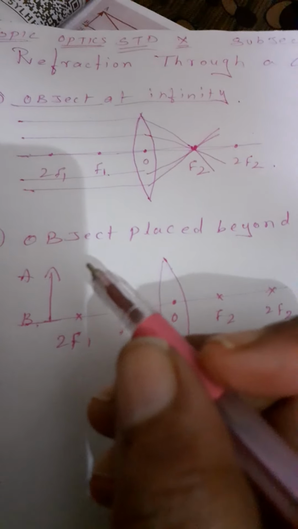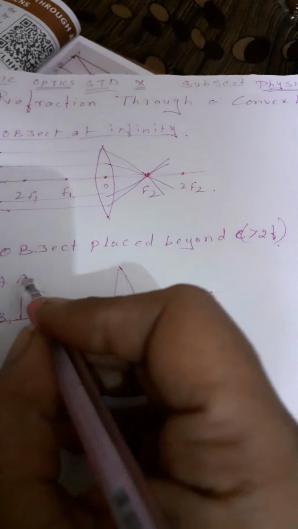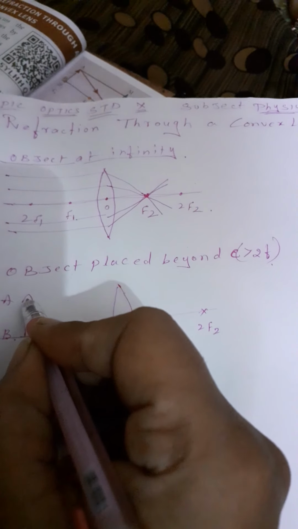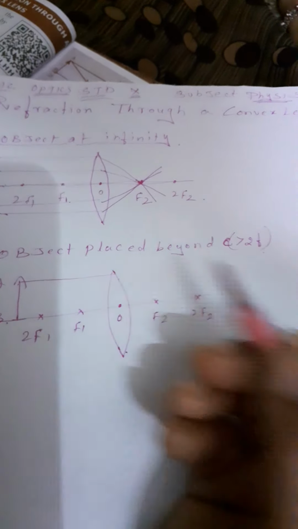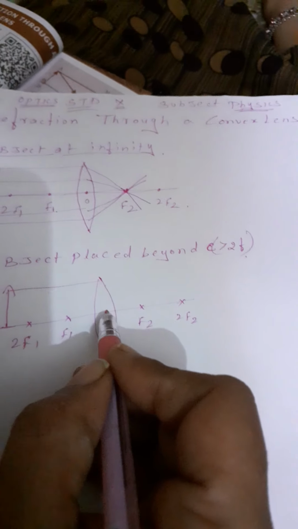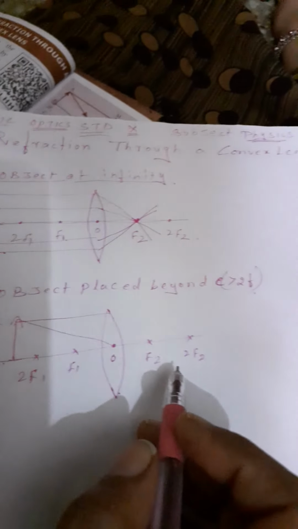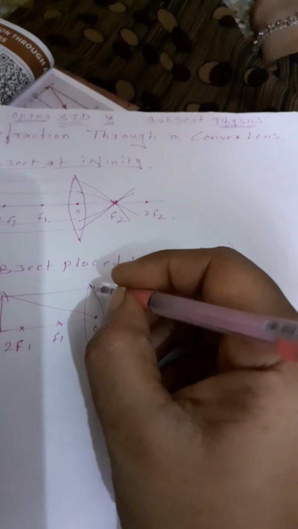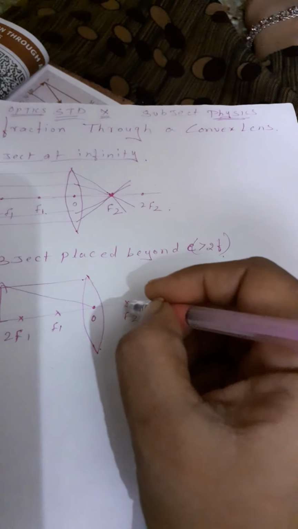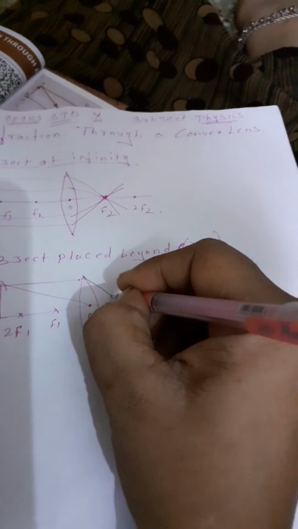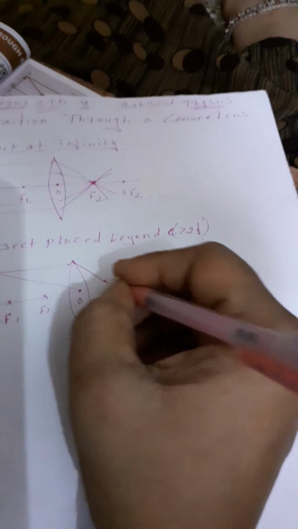Here we are going to apply the two rules. One is the ray passing parallel to the principal axis. Other one is passing through the optic center. You know very well the two rules. The ray which is parallel to the principal axis will refract through the focus.